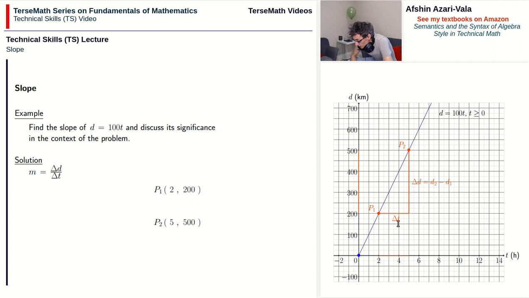Delta t is the t value of point 2, which is 5, minus the t value of point 1, which is 2. So 5 minus 2, or 3 hours. And that comes from here, 5 minus 2. So delta t is equal to t2 minus t1. This is t2, final time. This is t1, initial time.